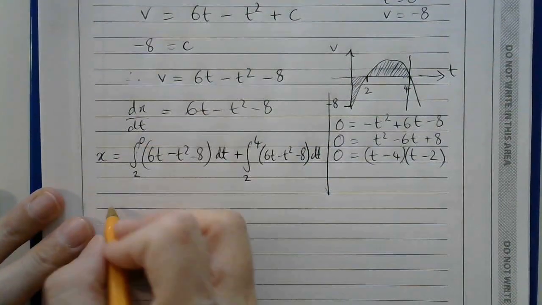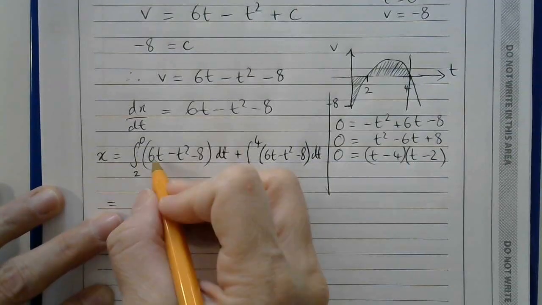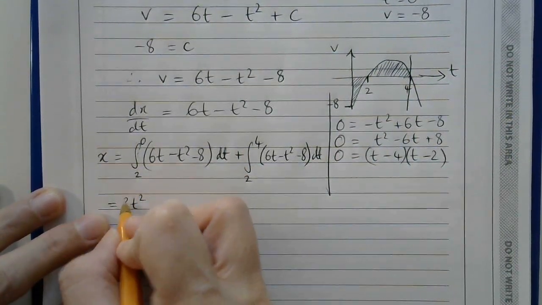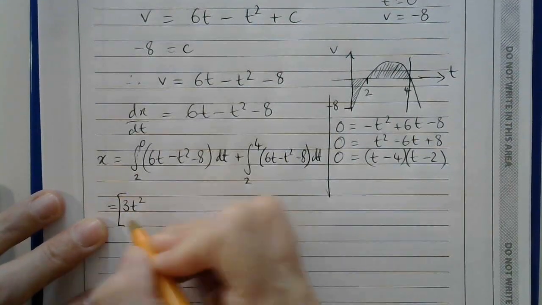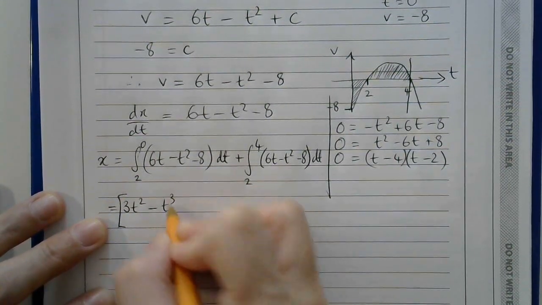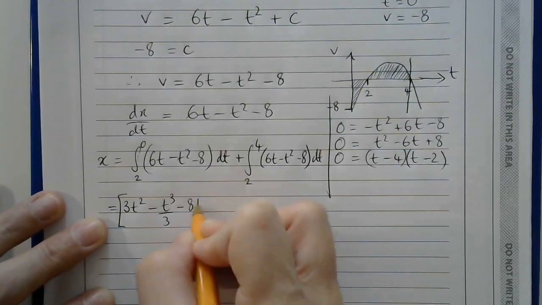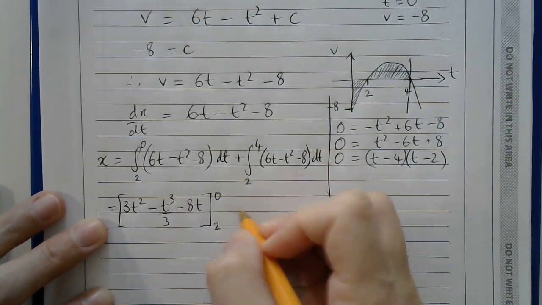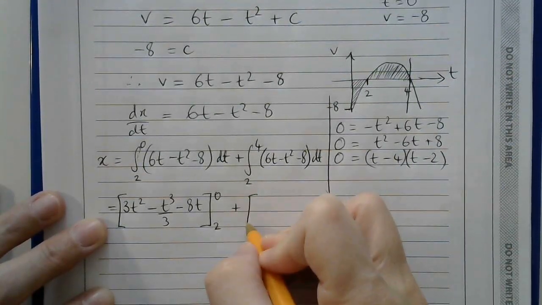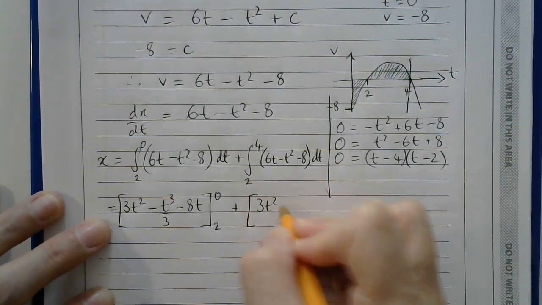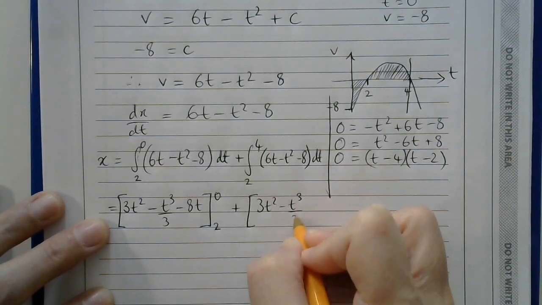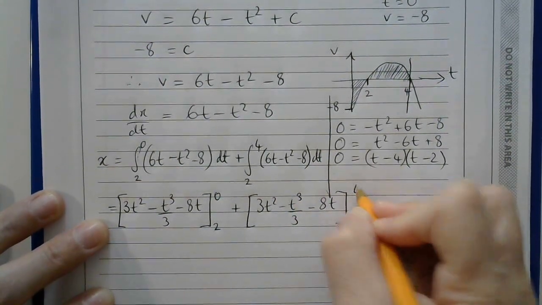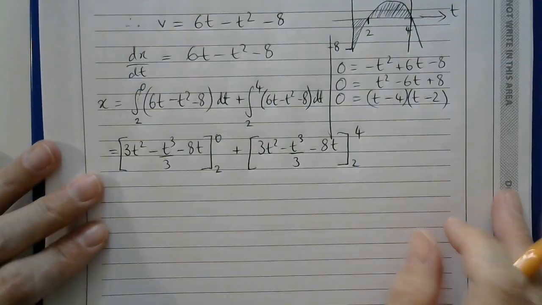So I know that I'm going to get, let's add 1 to the power here, so I get t squared, divided by 2, so I'd end up with 3t squared, minus t cubed over 3 minus 8t, and that needs to be evaluated from 2 up to 0, and then I'm going to have exactly the same thing again, but this time I'm evaluating it from 2 up to 4.